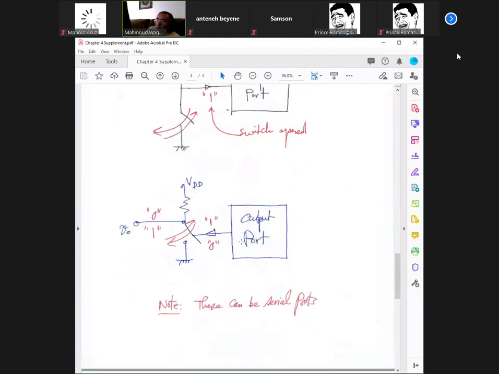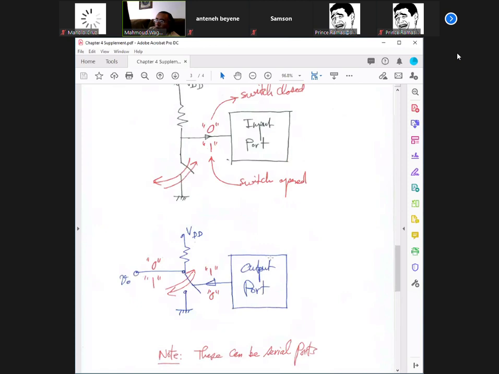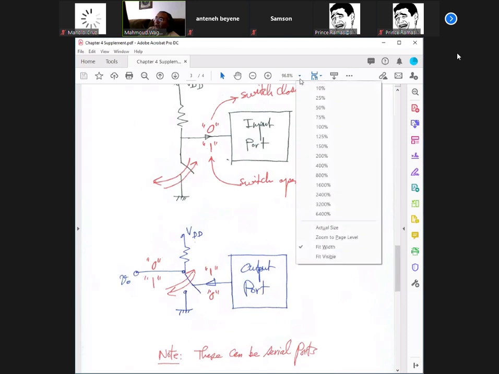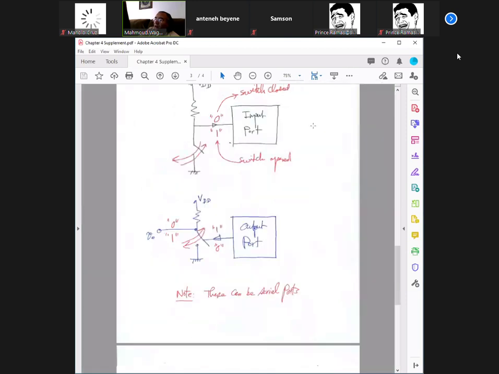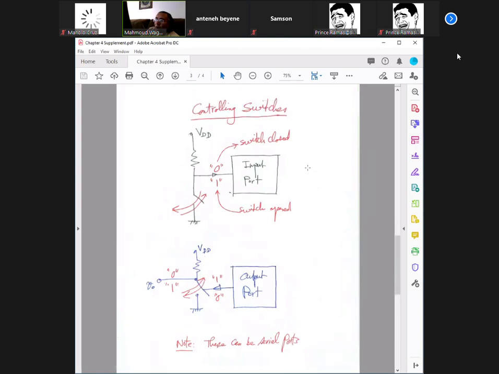There is an important feature here that I would like to show you, and that's, in my opinion, the basic idea behind using the microprocessor or the ports.